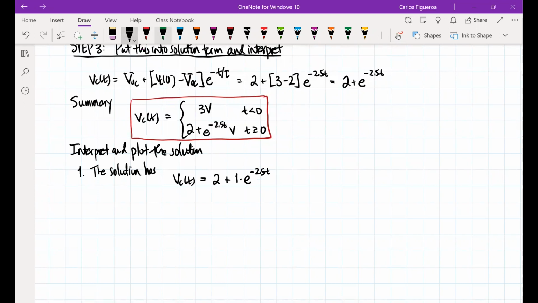So remember a couple of things here. That plus tells me that it discharges. If I have a minus sign, it charges up. And the second quantity right here tells me how much it discharges.